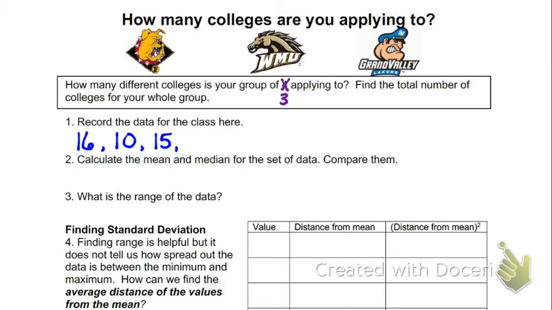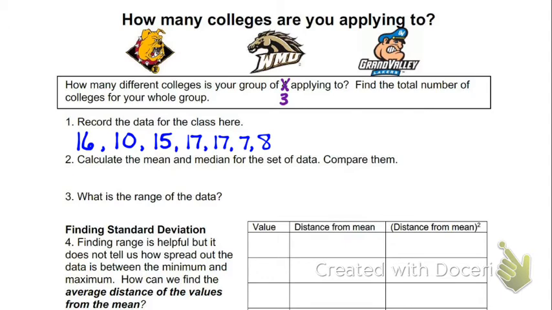Do you guys have a group total? 17. What's your group total? 17. Okay. Do you guys have a group total for me? 7. And my group of 4, do we have a group total? 8. All right. An average of 2 a person.